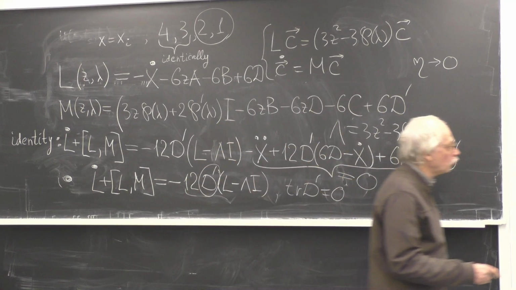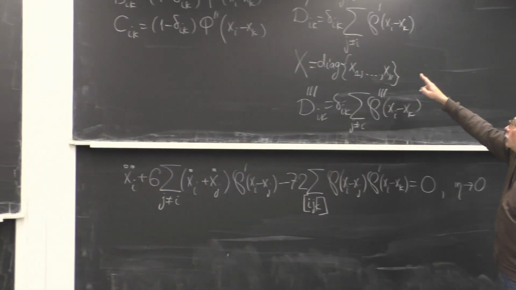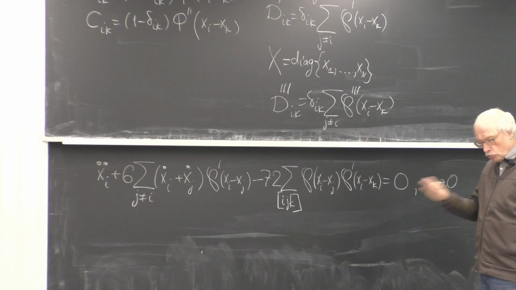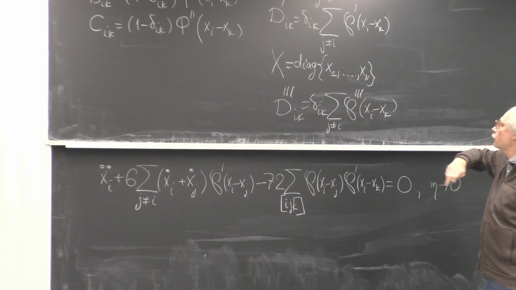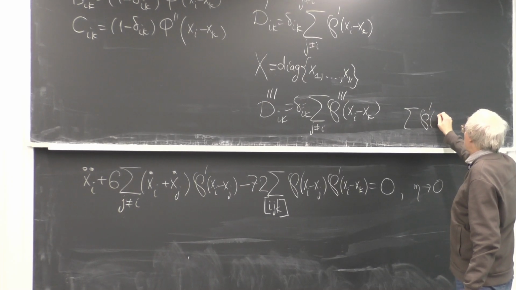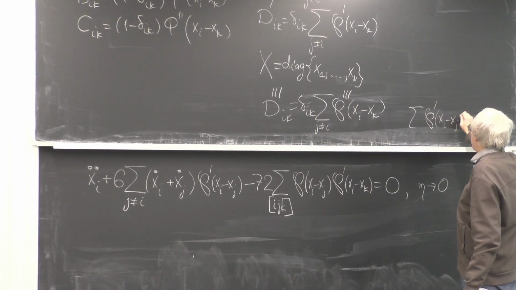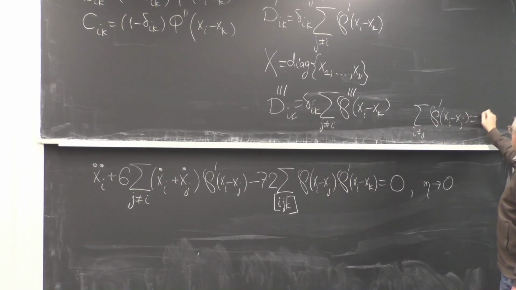This is obvious from the explicit form, because p prime is an odd function. So if you sum all diagonal terms, you get the sum of p prime of xi minus xj, summed over all pairs, and this is 0.